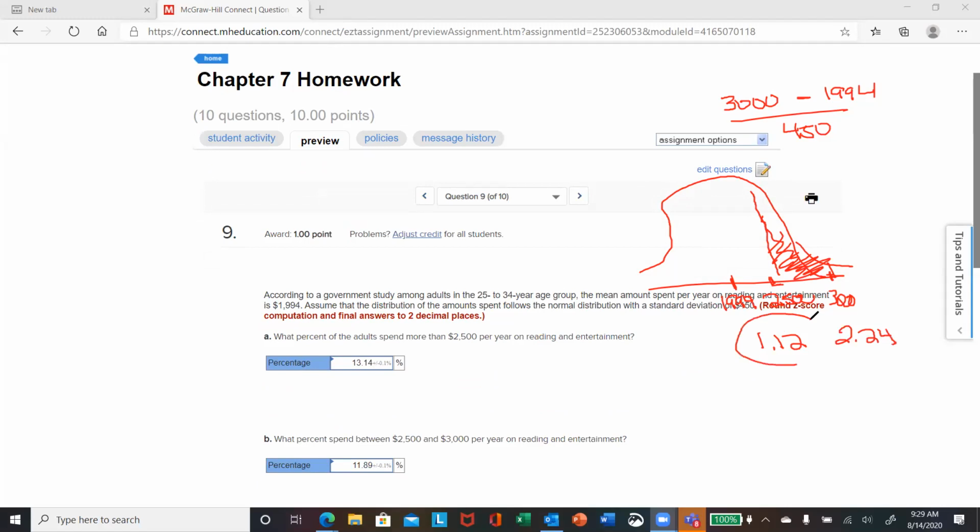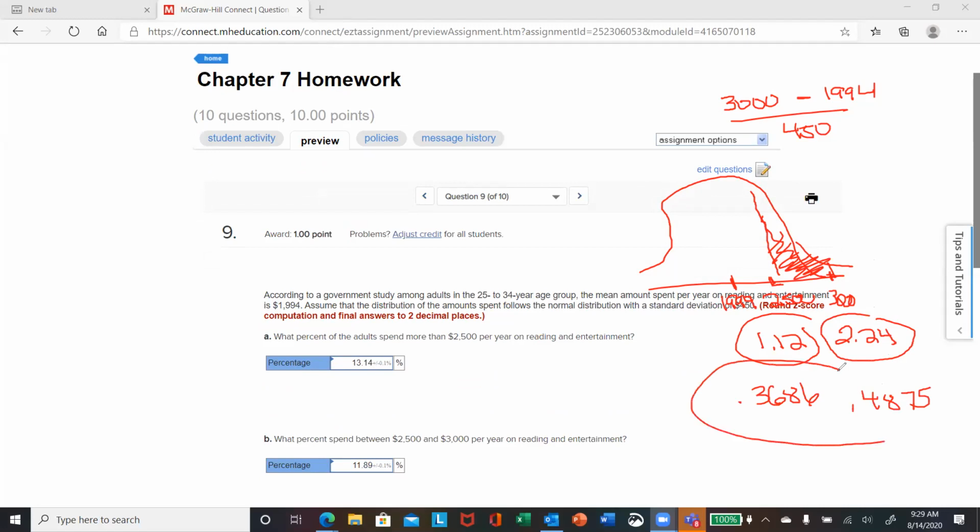So all you do is look up these two z-values individually, and because they're both positive, you will subtract. So 1.12 is 0.3686, and 2.24, let me look that up real quick, looks like it's 0.4875.